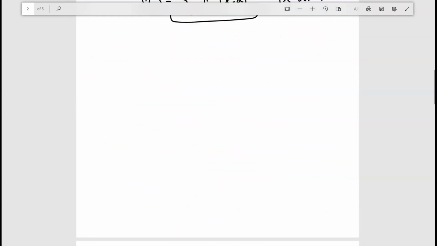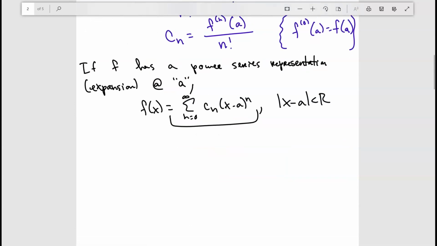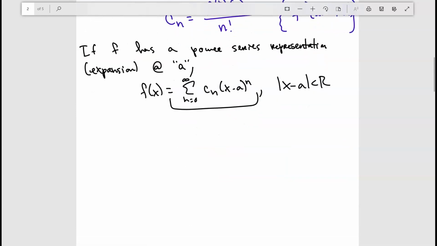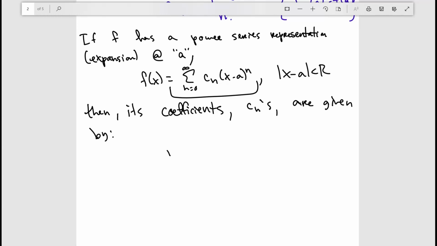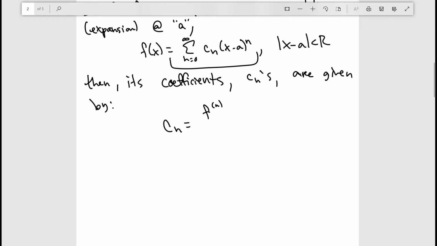So if I know that a function has a power series representation of this, then its coefficients, so the Cn's, are given by the following formula. Cn is equal to the nth derivative of f at a, divided by n factorial.